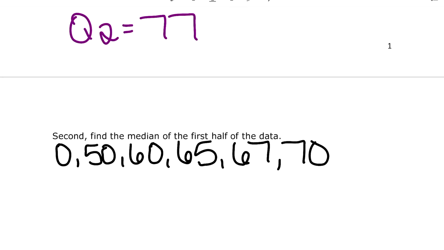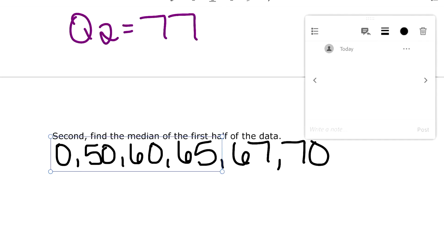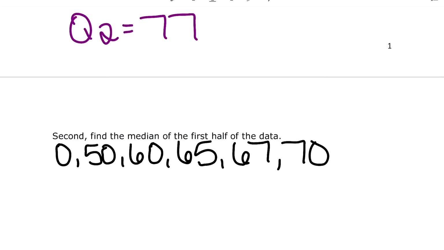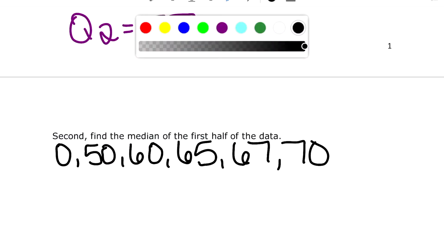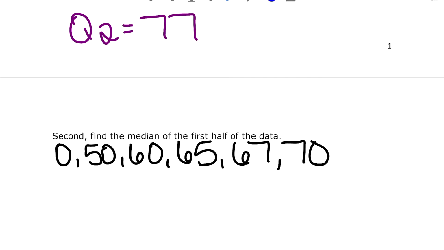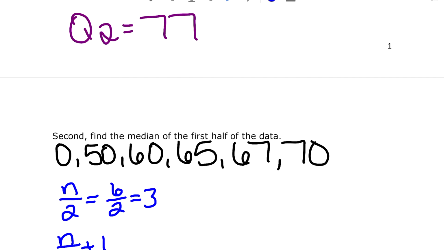To find Q1, I'm going to find the median of these numbers. Now I have 1, 2, 3, 4, 5, 6 numbers. Remember, with an even number of values, we want to use n over 2, which is 6 over 2, which is 3, and n over 2 plus 1, which is 4.